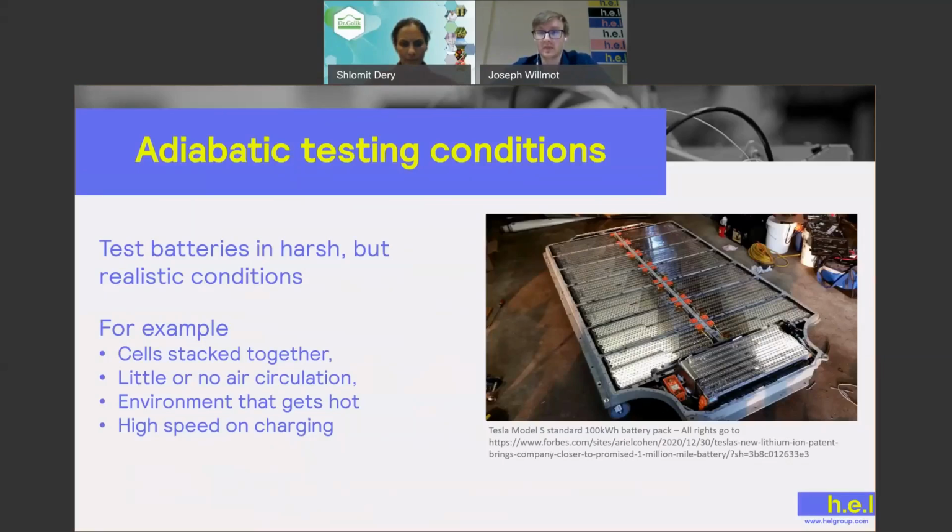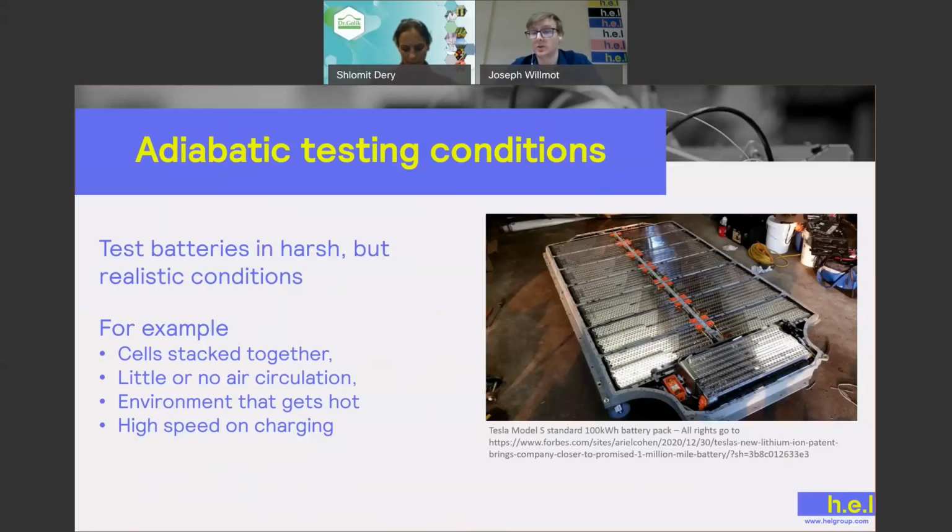I've got high demands of extremely high charging and discharging rates. If I had a cell right there in the middle, I've got very little to no thermal cooling, no way to remove the heat from the sample. So if it goes into thermal runaway, I need to understand what that particular cell is going to do, how it's going to fail, and ensure that it fails in a safe manner.